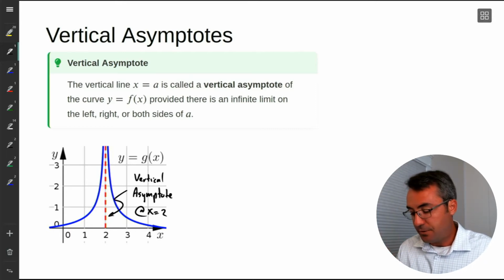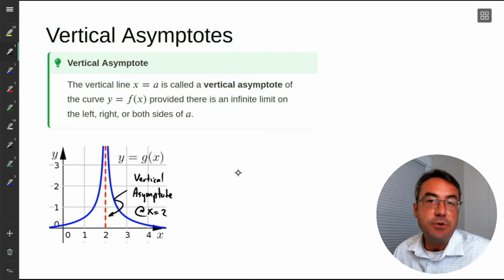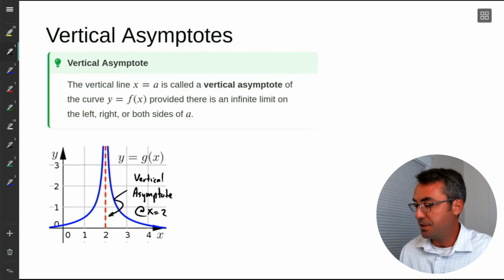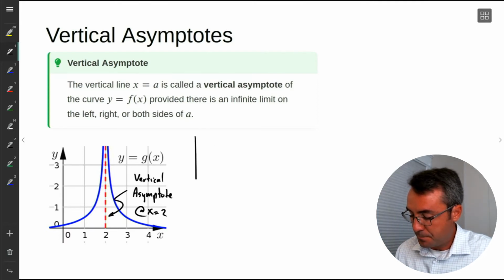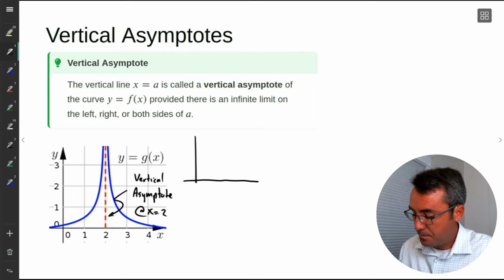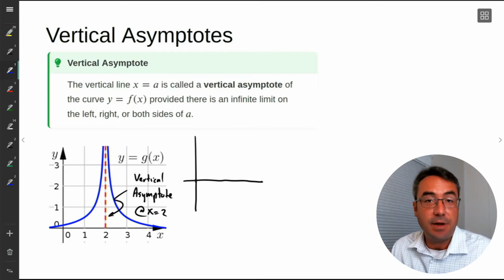All right, so that's just one example, but let's draw a few other pictures where we have a vertical asymptote at x equals 2, just for the practice here. So we might have something where maybe it gets large negative on either side.